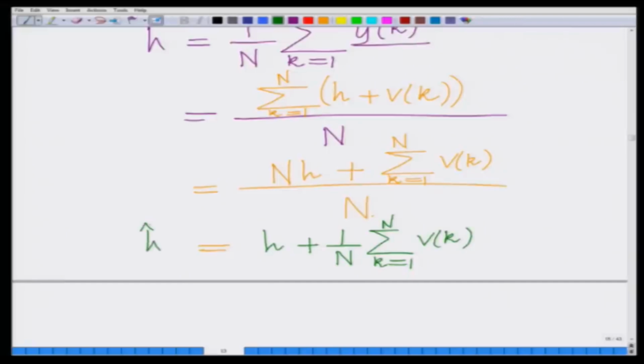This is my h hat. So, I have simplified this expression for the estimate h hat.